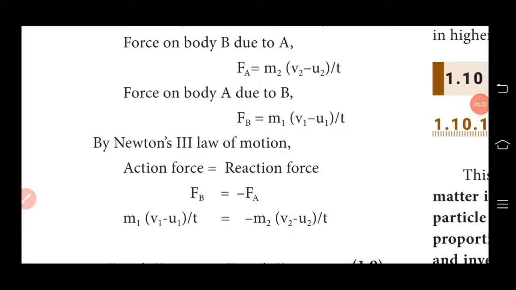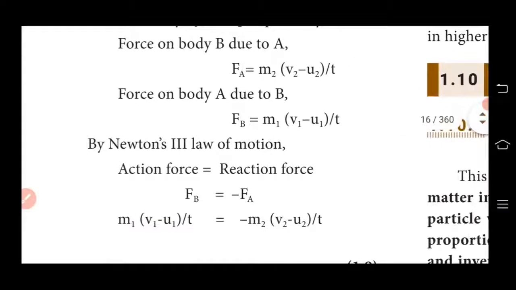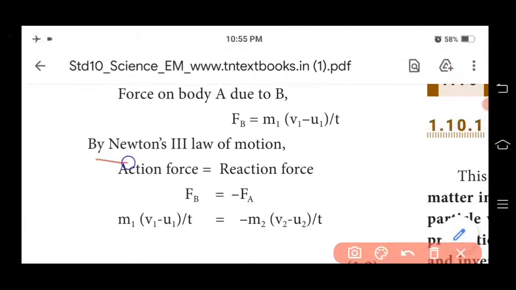By Newton's third law of motion, action force equals reaction force. So action force Fb equals reaction force minus Fa. Here we are going to substitute the values for Fb and Fa.